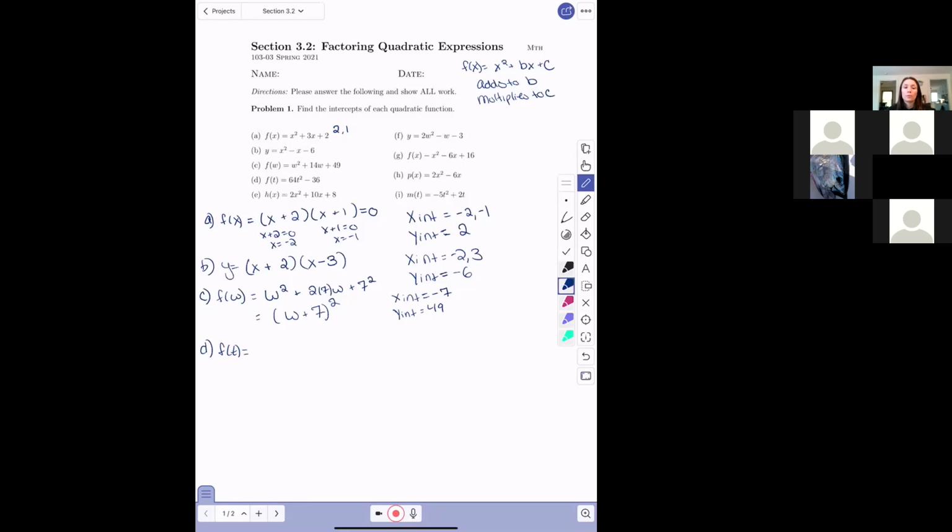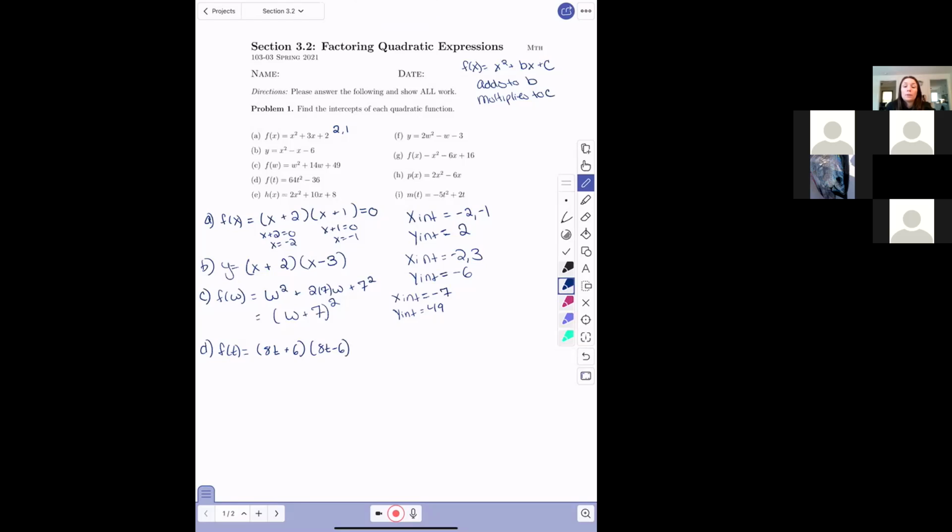So since they're both perfect squares, and there's subtraction here, we can automatically factor this to 8t plus 6 times 8t minus 6. And these are called conjugates.